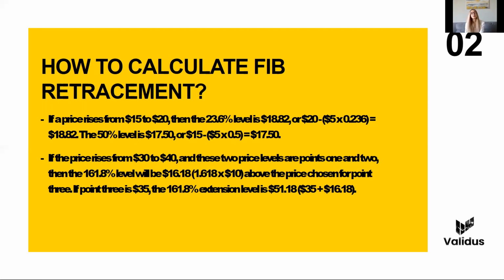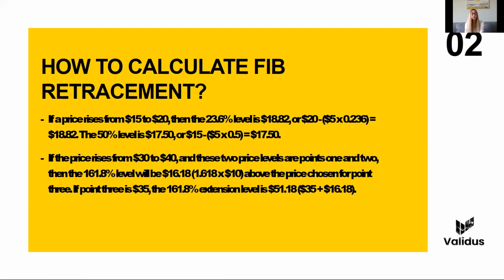If the price rises, for example, from $30 to $40, and these two price levels are points 1 and 2, then the 161.8% will be $16.18. It is calculated when you multiply the $10 difference between $30 and $40 by 1.618, so this will be above the price chosen for point 3 because it is an extension.